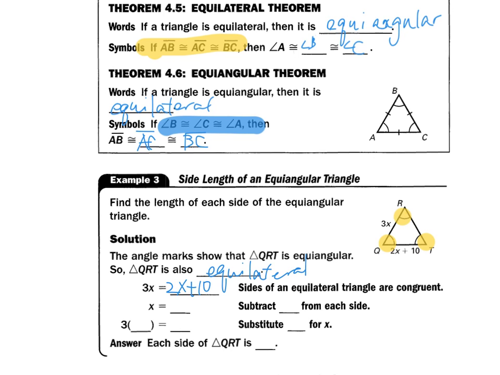If I subtract 2x from each side, I have x on the left-hand side, and on the right-hand side I only have 10. And 3 times 10 equals 30, because I substituted 10 for x. That's how I found out that each side of the triangle is 30.